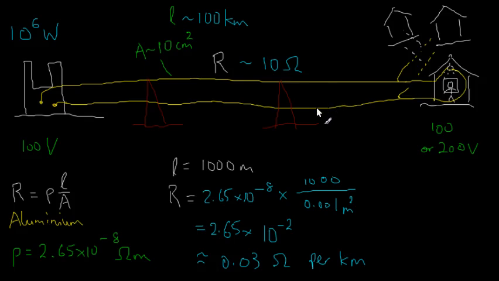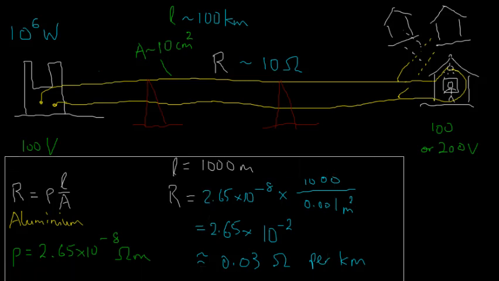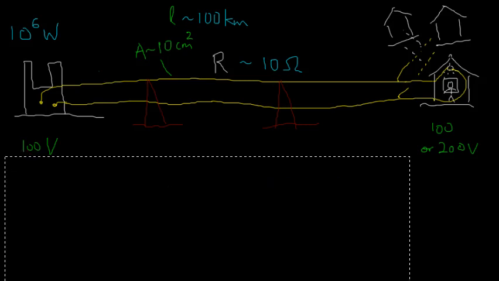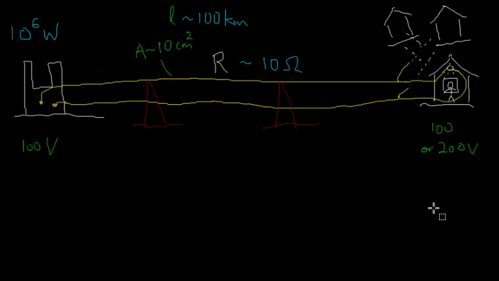Okay. So now I have a value for this resistance, and I'm actually ready to calculate the heat loss. So let's start on that. Now, I'm going to make the numbers simpler, I'm going to assume that the mains power supply is 100 volts.